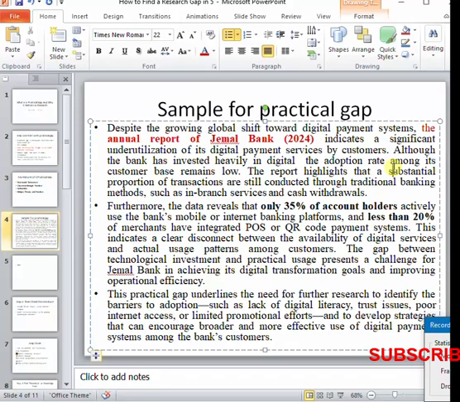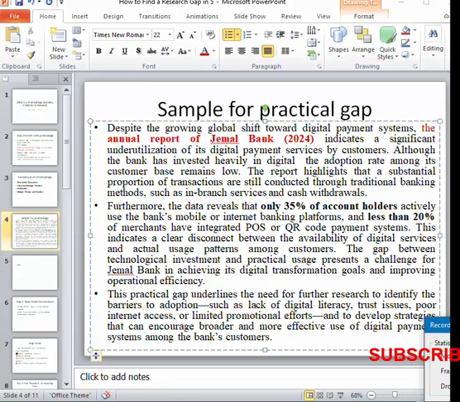So it clearly states that customers are not sufficiently utilizing digital payment services in this globalization era, in this digitalization era. So it starts first by discussing the positive statement. This is the digitalization era. However, the annual report of the bank shows that customers are not sufficiently using the bank's digital payment system.